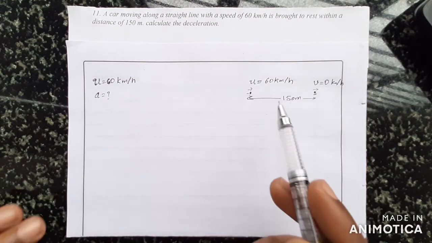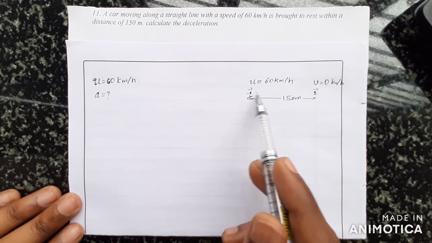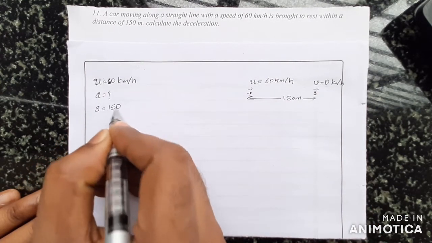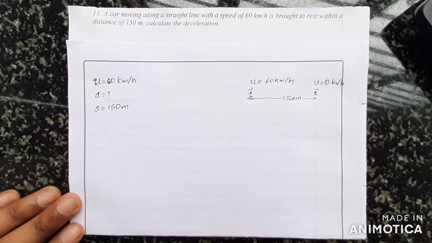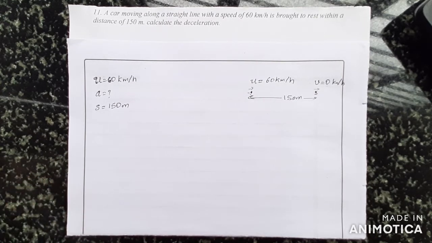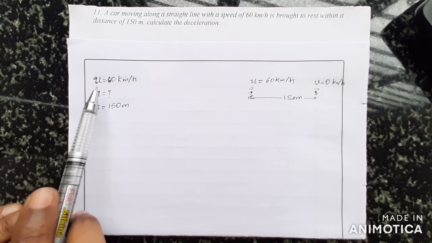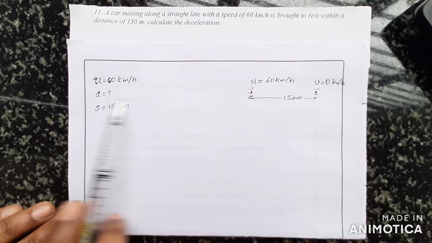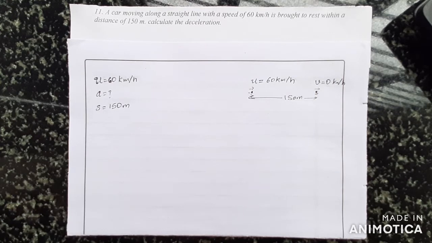But before that, the displacement of the body from here to here is s equal to 150 meter, right? Here displacement is given, u initial velocity is given, final velocity is given, acceleration is asked to find. We do not have any idea about time.